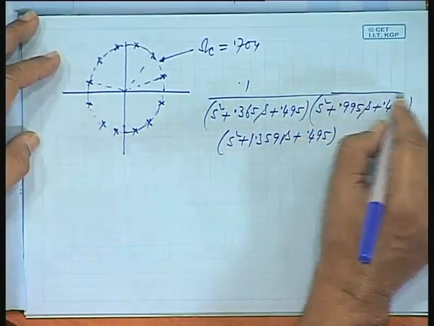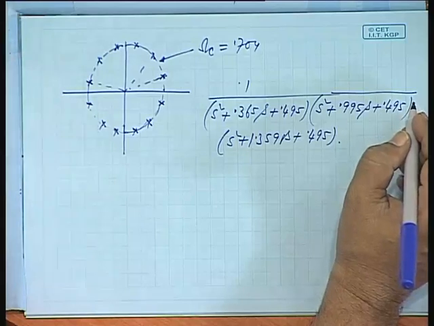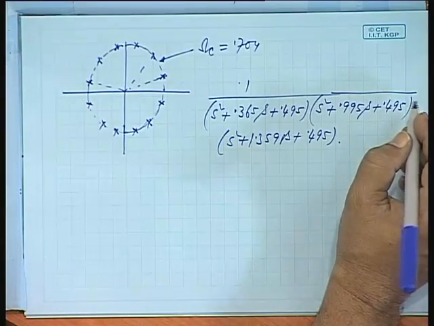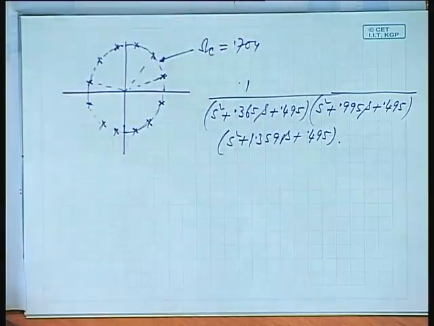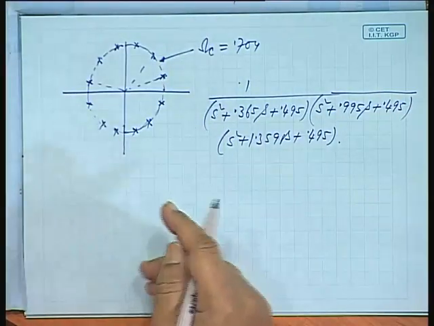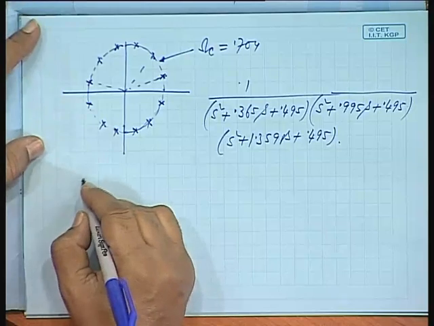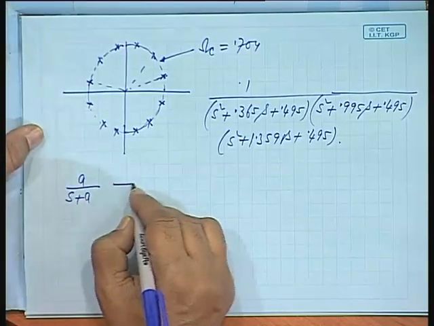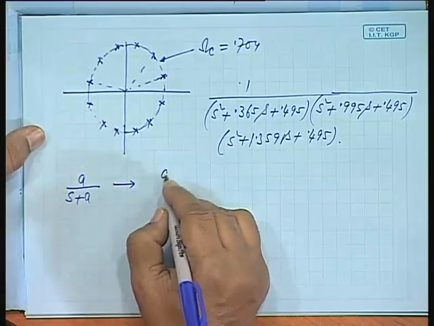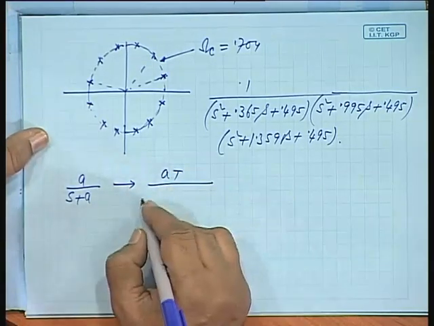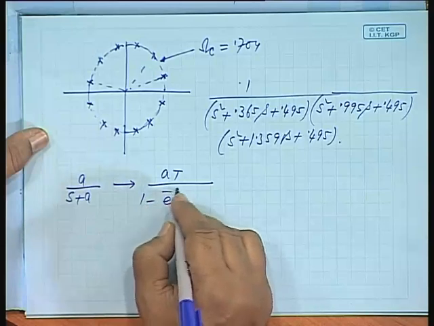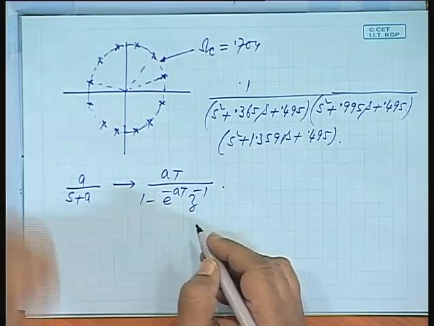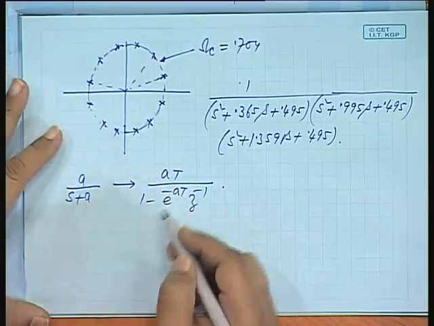Now, if you remember, we had earlier discussed, if I have a function a by s plus a, its corresponding discrete domain representation is 1 minus e to the power minus at z inverse. Okay. All right.